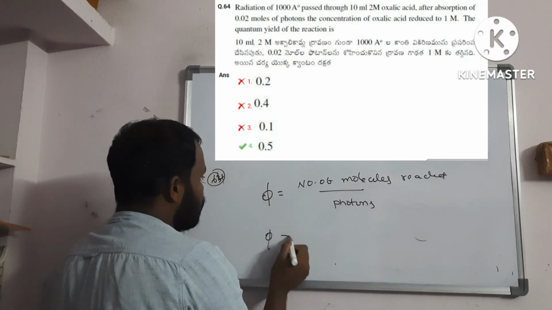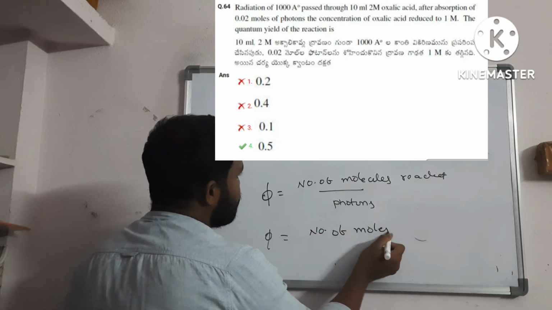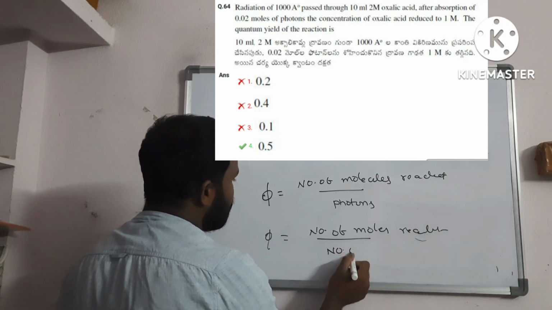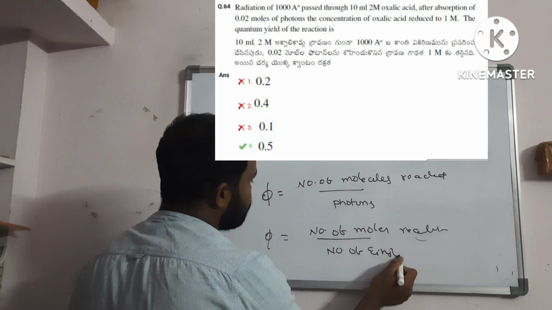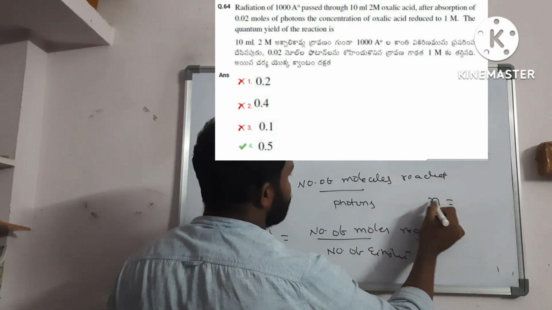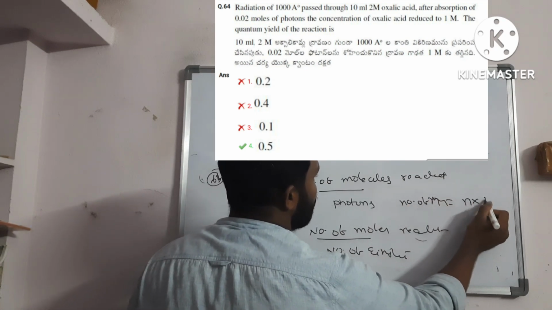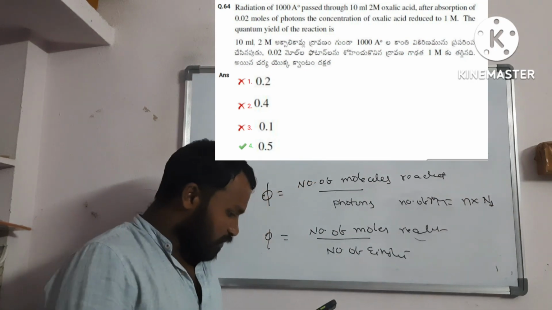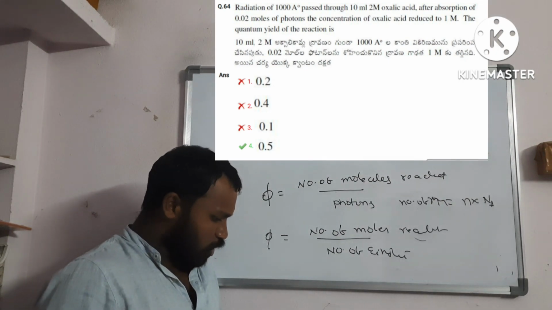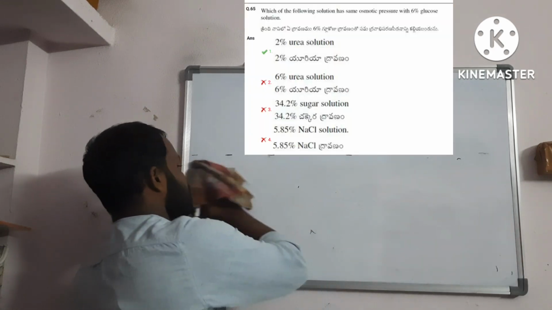Or you can say quantum yield is number of moles of reactant reacted in a given time by number of Einsteins absorbed. If you want number of molecules, multiply number of moles with Avogadro number. If you use this formula, you will get the quantum yield as around 0.5.